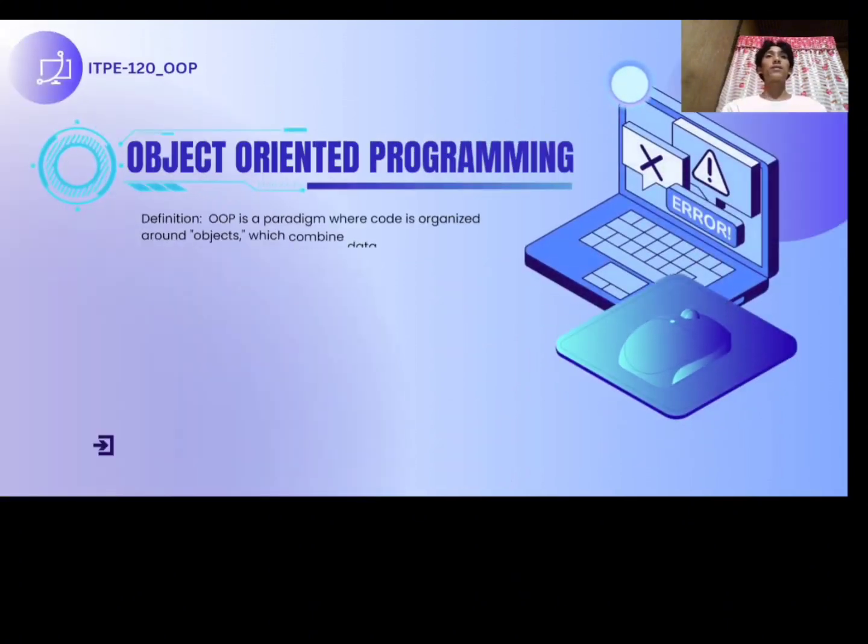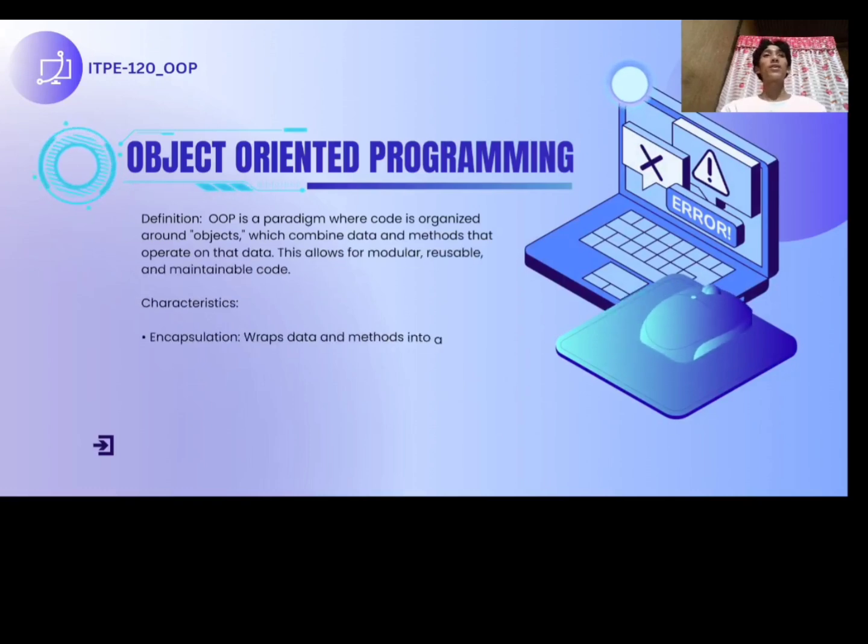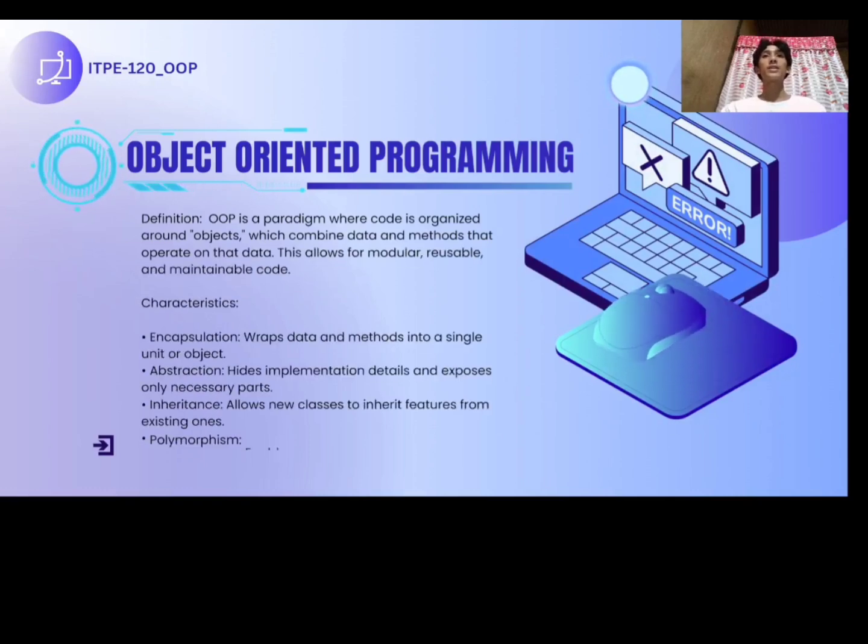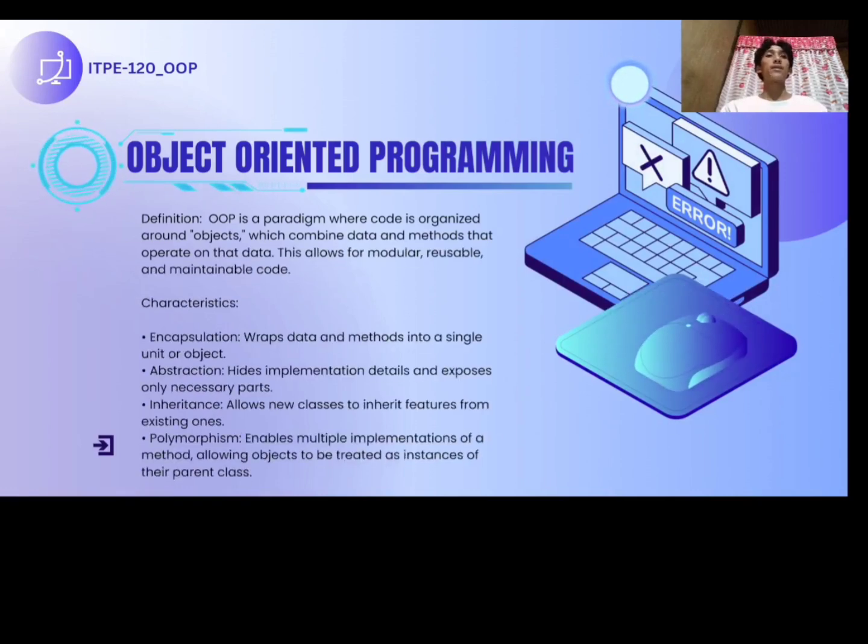Next, OOP, or object-oriented programming. OOP is a paradigm where code is organized around objects which combine data and methods that operate on that data. This allows for modular, reusable, and maintainable code.